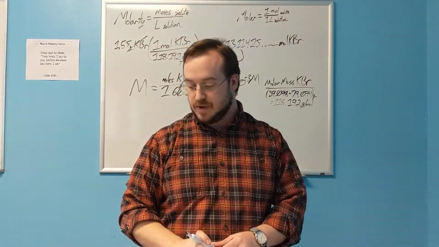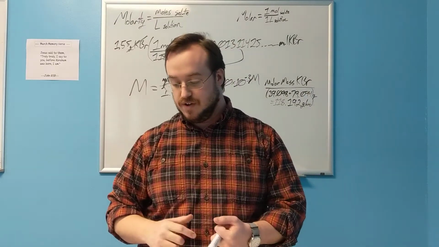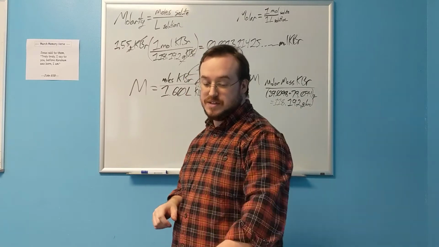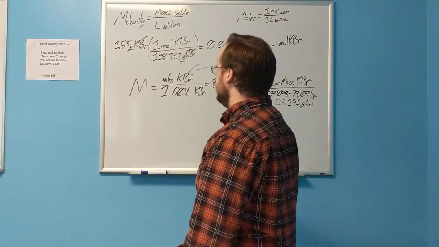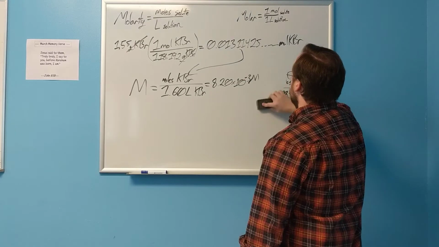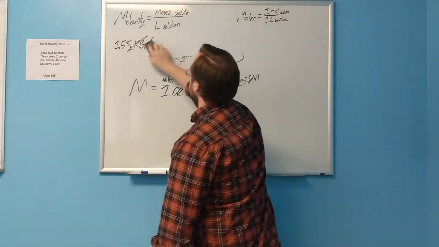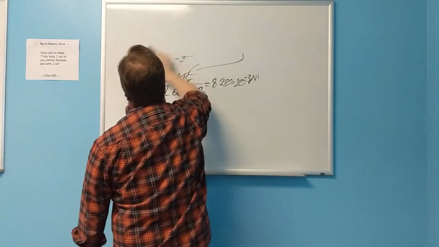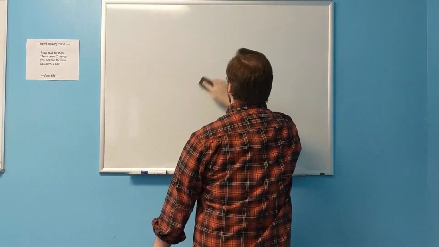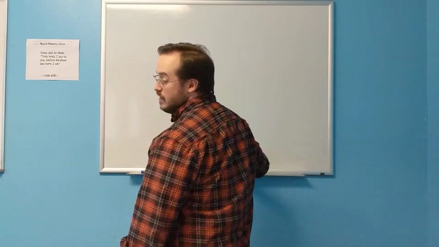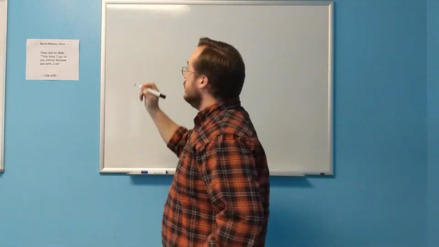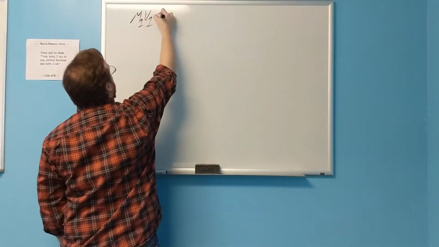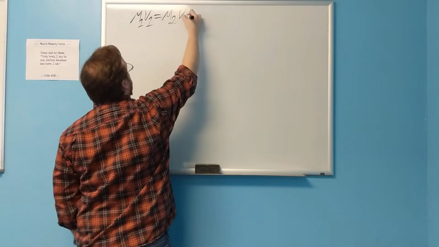The next thing I want to talk about is preparing a molar solution from a given amount of molar solution. And this is called the dilution of molar. And it is just a ratio. And that ratio is M1 V1 equals M2 V2.